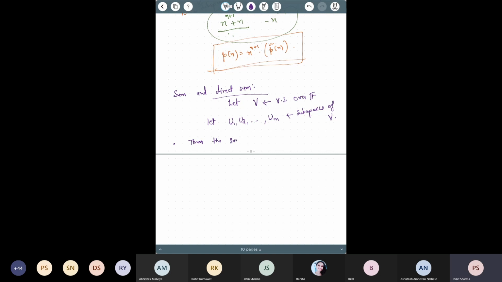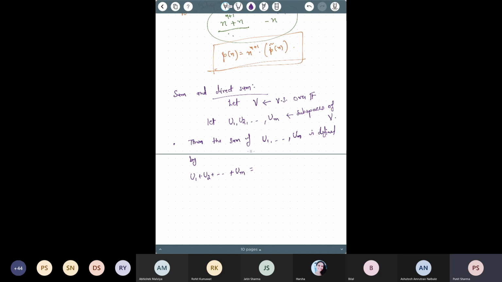the sum of U1 to UM is defined by U1 plus U2 and so on. This is denoted by this notation. You just take the sum of U1 to UM. And how is it defined?